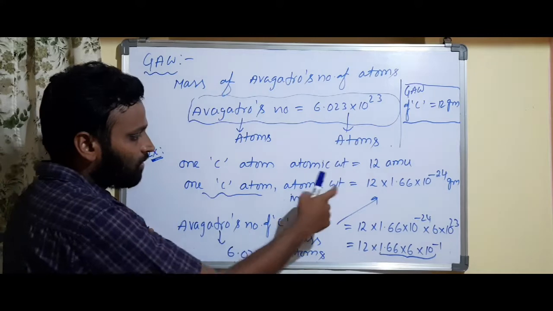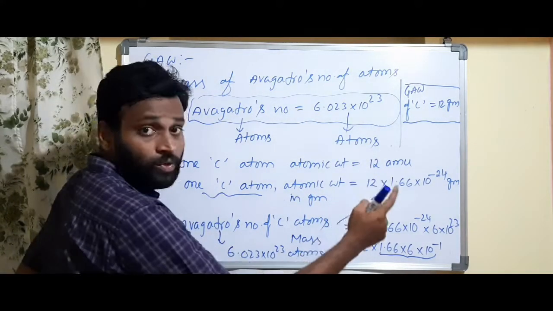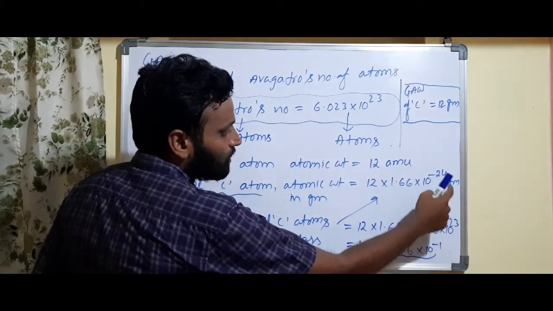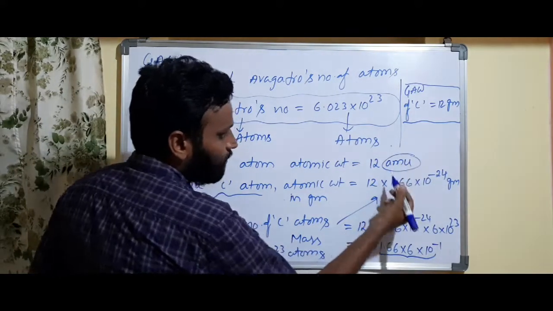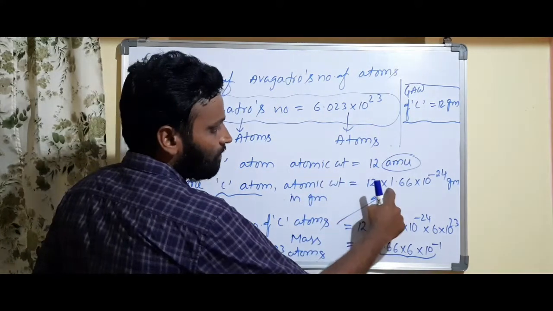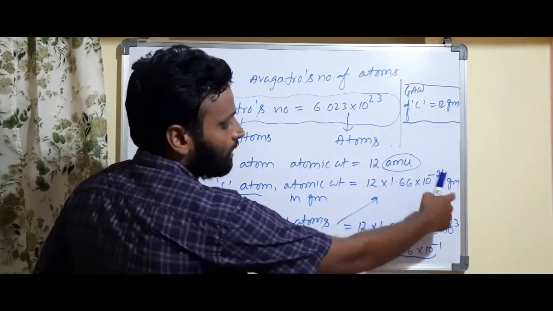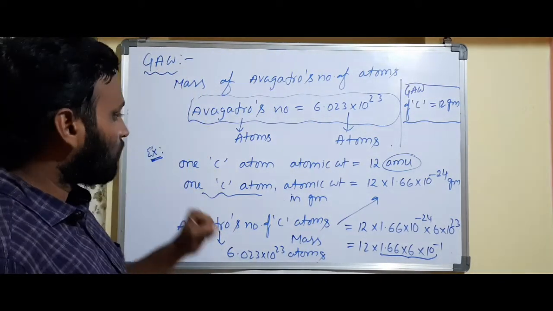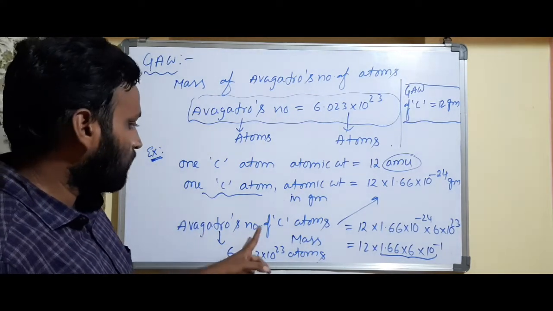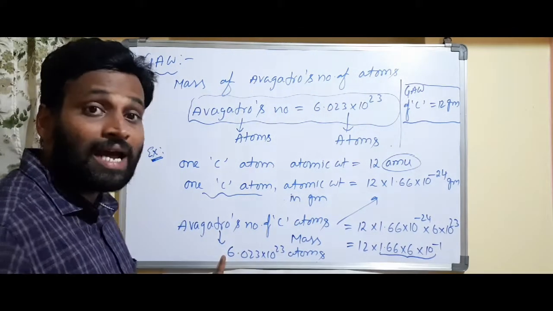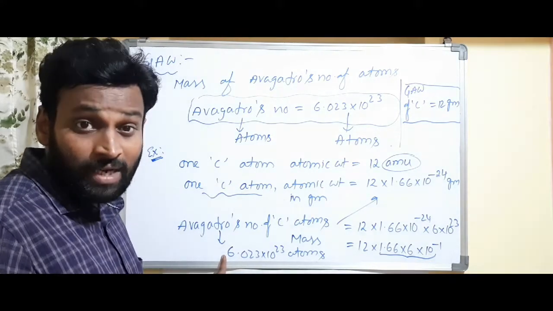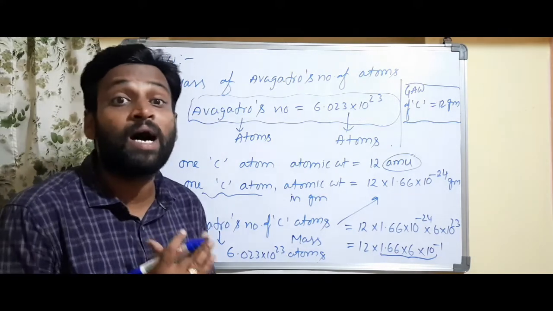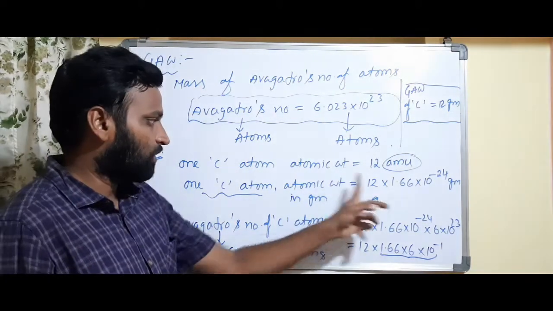One carbon atom atomic weight in grams means 12 AMU converted to 12 into 1.66 into 10 power minus 24 grams, because the value of 1 AMU I already gave. So now I want the gram atomic weight of carbon, which means for Avogadro number of atoms. Avogadro number of atoms means 6.023 into 10 power 23 atoms mass is how much? So this is for one atom.